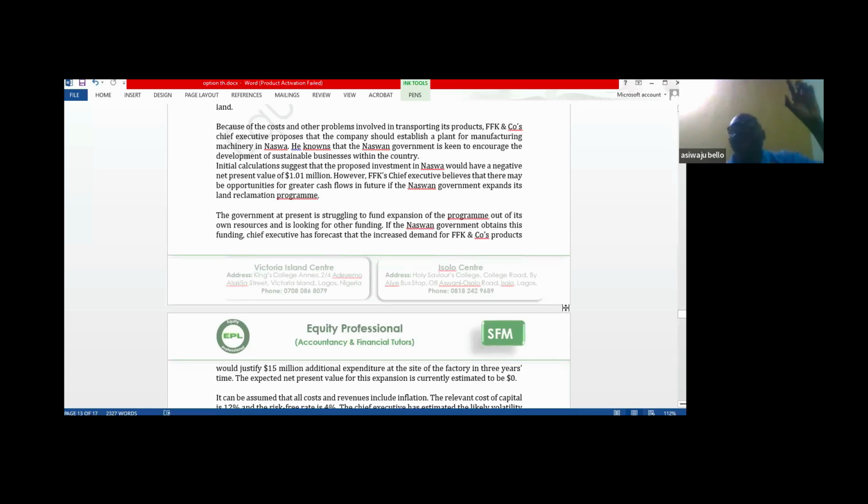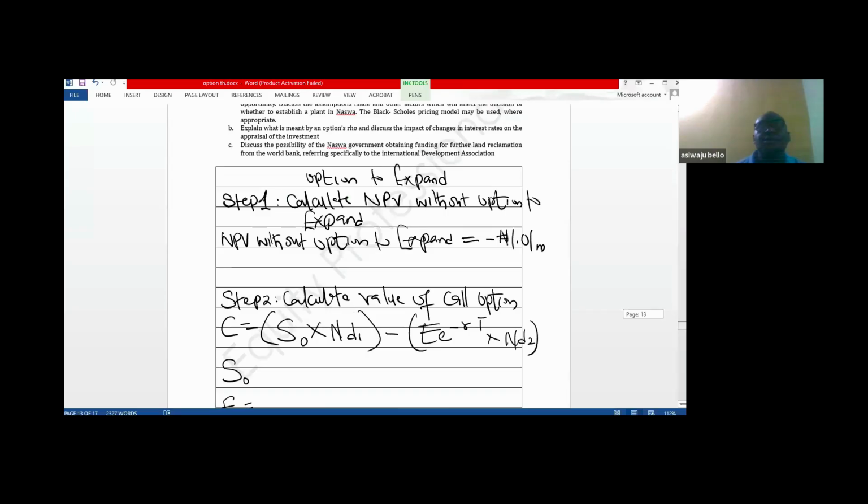That means additional investment cost is 15 million. The expected NPV of this expansion is 0. My E is 15 million. That is the additional investment.